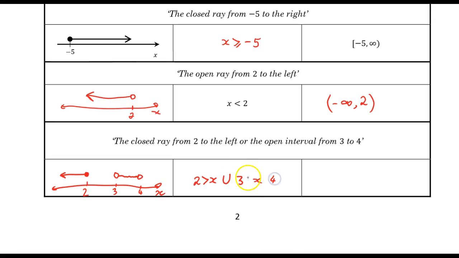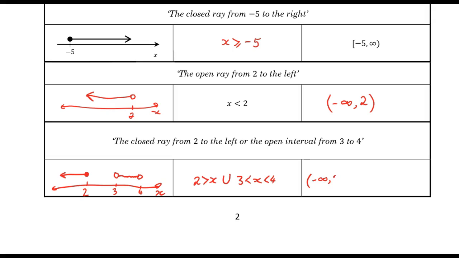It doesn't include 3 or 4, so x is greater than 3 and less than 4, like that. I could put an 'or' in there instead of the union, that'd be okay as well. But I'm using that union symbol, and I'm going to do the same with our bracket interval notation. So, the first thing I have is negative infinity.